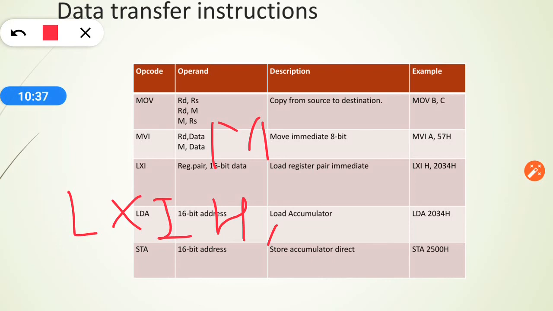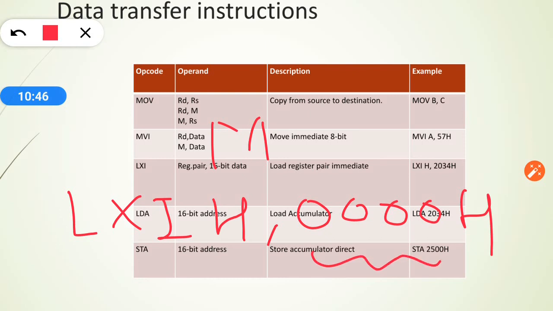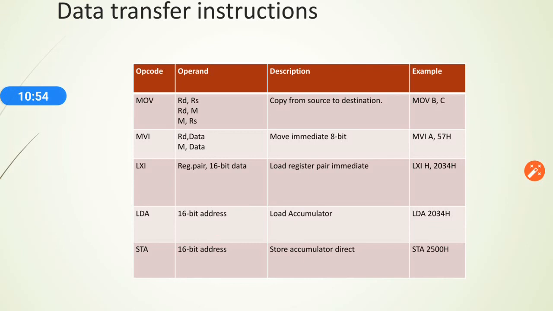Suppose that is the first memory location of the memory device, which is 0000H. This is your 16-bit address, as it is a 4-digit hexadecimal. So you specify your 16-bit address in the HL pair, and then you can use this M letter for pointing to the particular memory location, right?